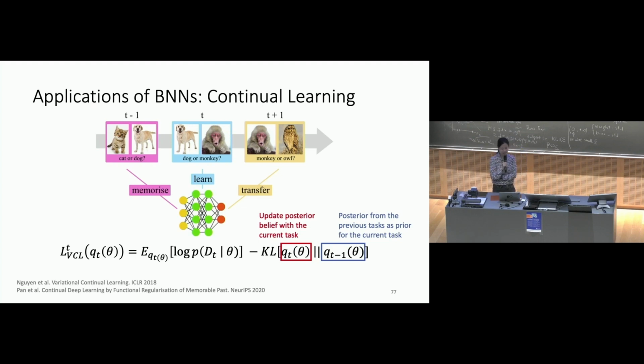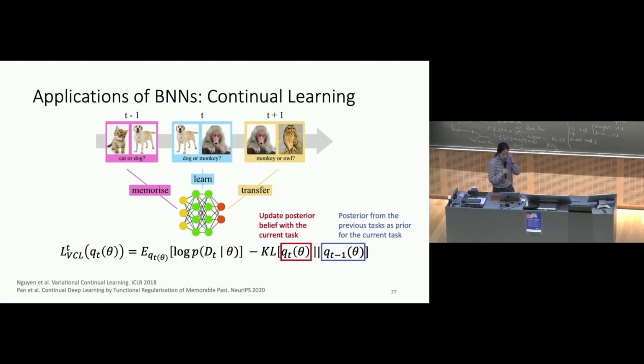After you learn how to classify between cats and dogs, you later want to learn how to classify between dogs and monkeys and owls, or something like that. How can you use the previous knowledge from cats and dogs to help you classify dogs and monkeys, and at the same time make sure that your network doesn't forget how to classify between cats and dogs? This is the problem of continual learning.